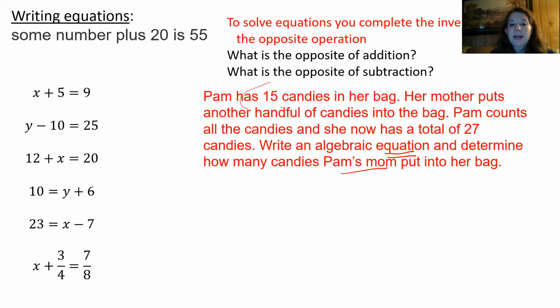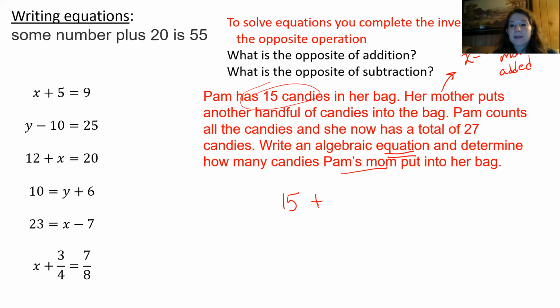Well, it says Pam started out with 15, plus her mom added some, right? We don't know how many she added, so let's let X equal the amount mom added or whatever.